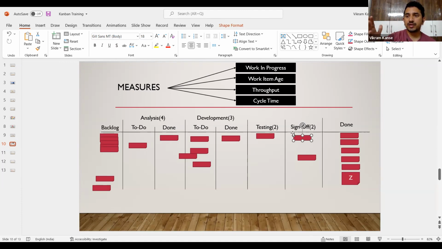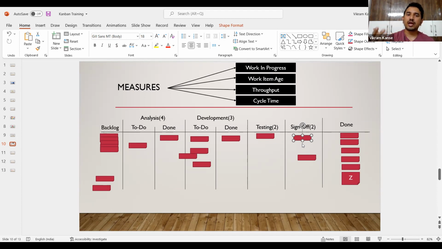There are multiple ways where teams can come to a conclusion on what the work in progress limit should be. That can be a very long session in its own right. But one quick and easier way is to go with experience. If you have someone who has already seen this happening, that person would be the right one to consult.